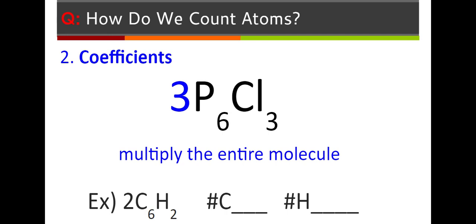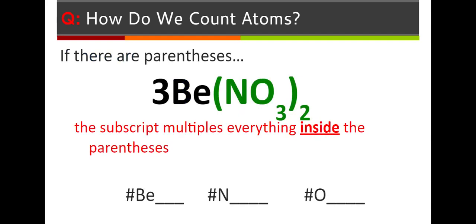So 2 times 6 means 12 carbon atoms, and 2 times 2 means 4 hydrogen atoms. So the first part in understanding how we keep balance in our chemical equations is understanding how we count up the atoms. And we're pretty much there.